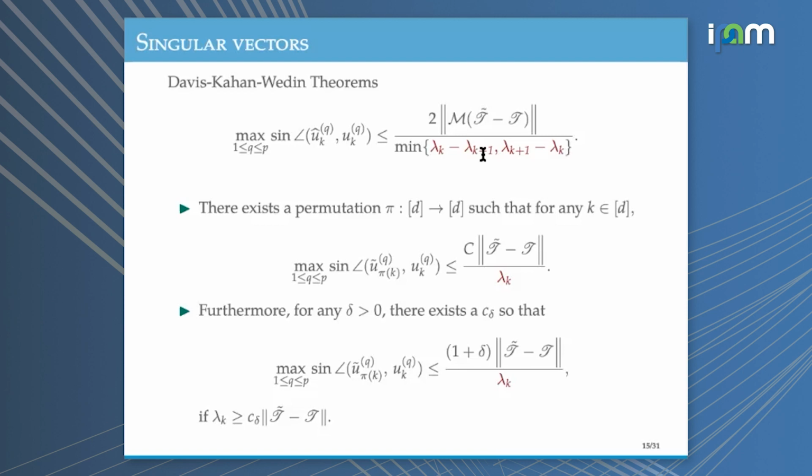Yeah, Jianfeng, you have a question? Yeah, so it's kind of related to the question that I think someone asked yesterday. I'm a bit confused about that. In the matrix case, it depends on the eigengap. But in the tensor case, we just see the eigenvalue there.